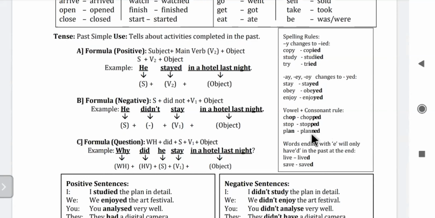Plan, do. You can see the N sound is coming in both. So we automatically start putting it there. So there's obviously great rules that you must always obey and follow. Words ending with E will only have D in the past at the end. As I already told you earlier on, like closed, the same way, live, lived, save, saved.